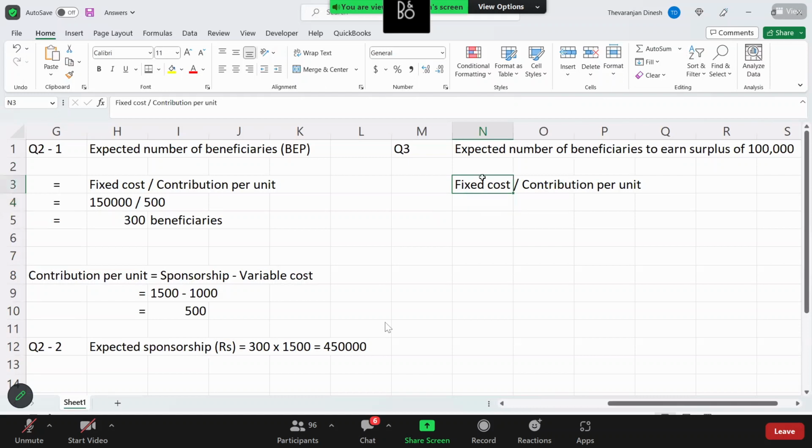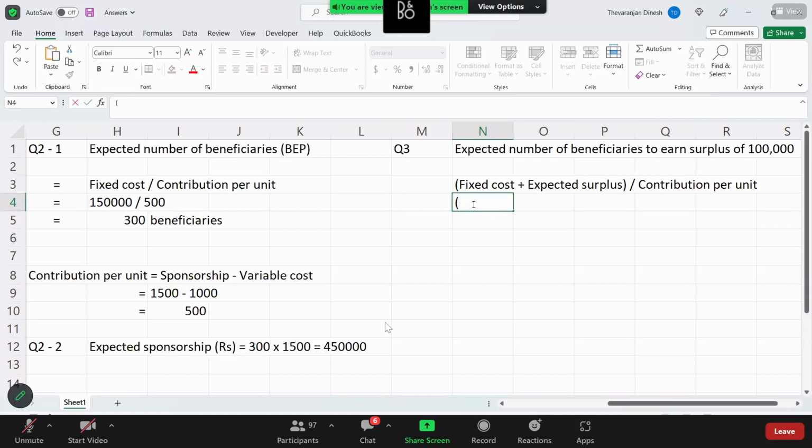Therefore, a small change in the formula: fixed cost plus expected surplus, divided by contribution per unit. Fixed cost plus our desired profit, our expected surplus. We have to add both and then divide by contribution per unit.